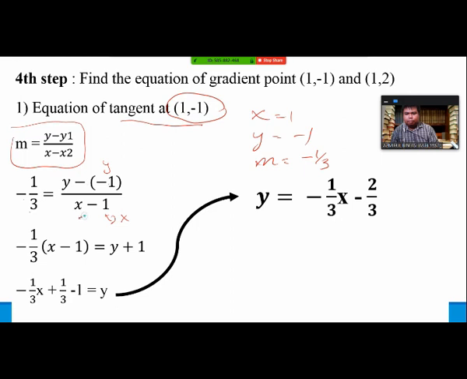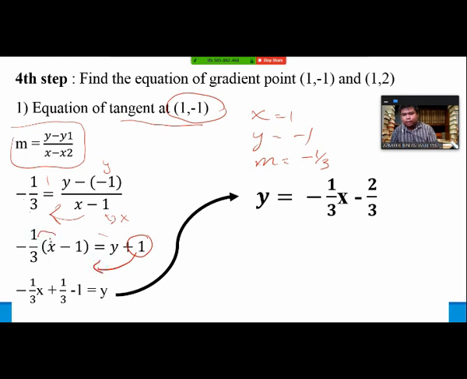Okay, move this one from the right side to the left side. You will get negative 1 over 3 x minus 1 equal to y plus 1. Okay, negative negative is positive. And then I move this one to the left side.